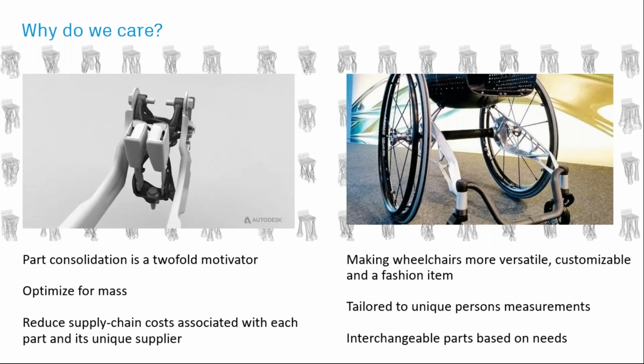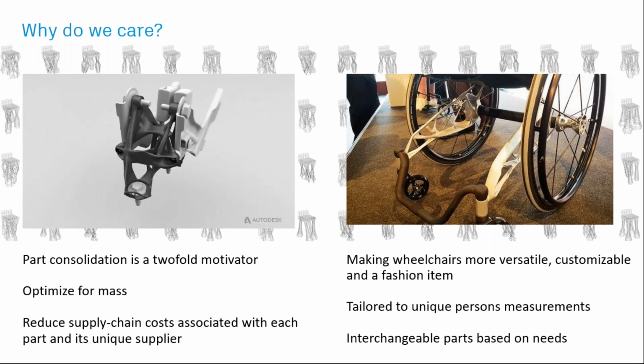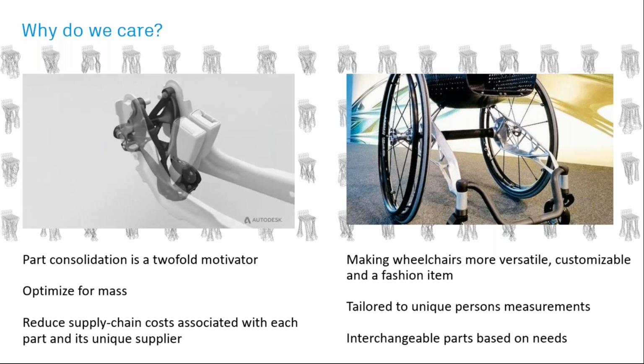People are leveraging it now in different industries. On the left-hand side there, you see the General Motors bracket, which you may have seen in some different publications. In that case, they took a multi-part assembly and consolidated it down using generative design into a single component.